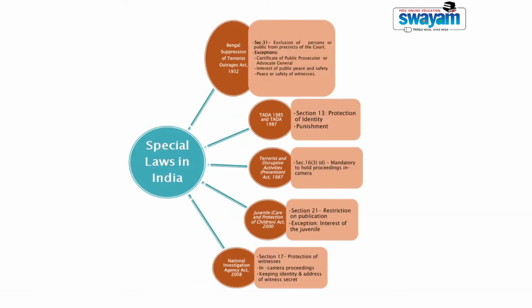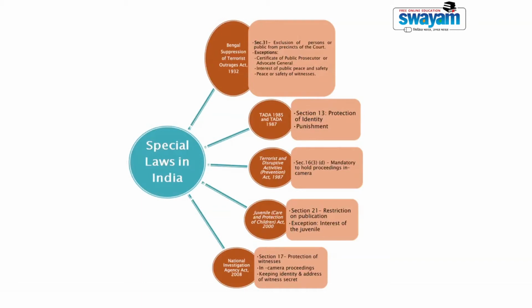Then the Terrorist and Disruptive Activities Prevention Act 1987. Here there is a mandatory provision to hold proceedings in camera when the case is related to terrorism or a group crime, and especially the special court is empowered to hold proceedings in camera under section 16 subsection 3D of this act.